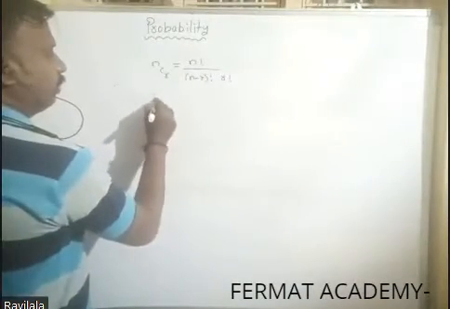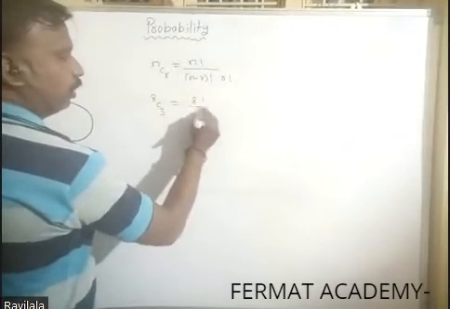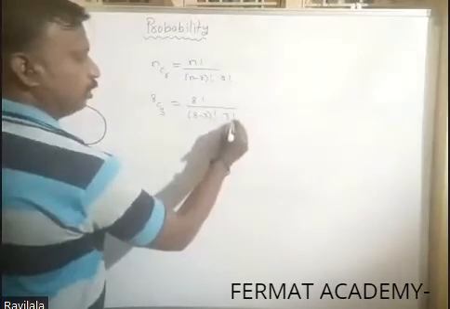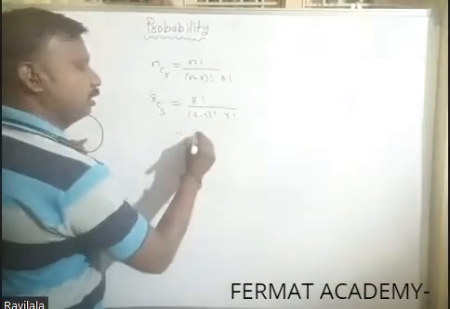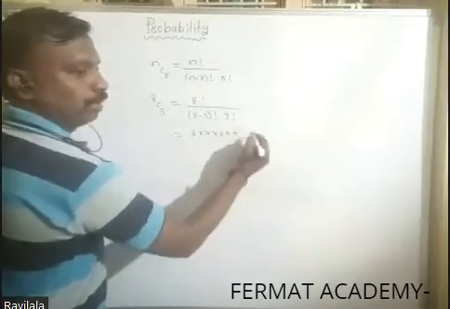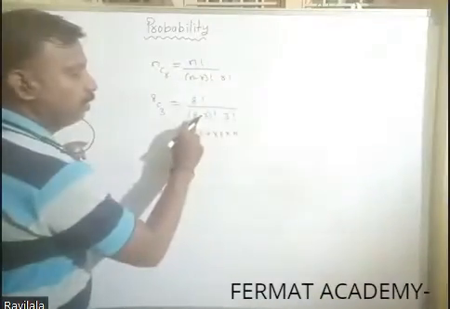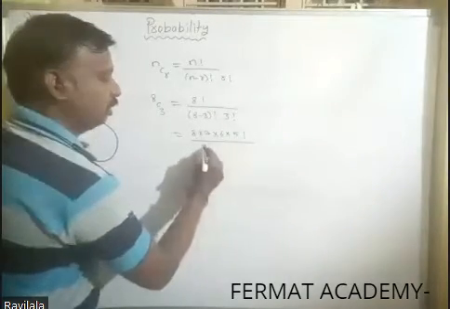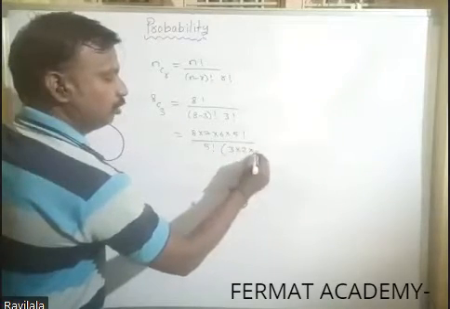For example, I am taking 8C3. The value of 8C3 is 8 factorial by 8 minus 3 factorial into 3 factorial. Write 8 factorial as 8 into 7 into 6 into 5 into 4 into 3 into 2 into 1. In the denominator, 8 minus 3 is 5 factorial, and the remaining is 3 factorial, 3 into 2 into 1.